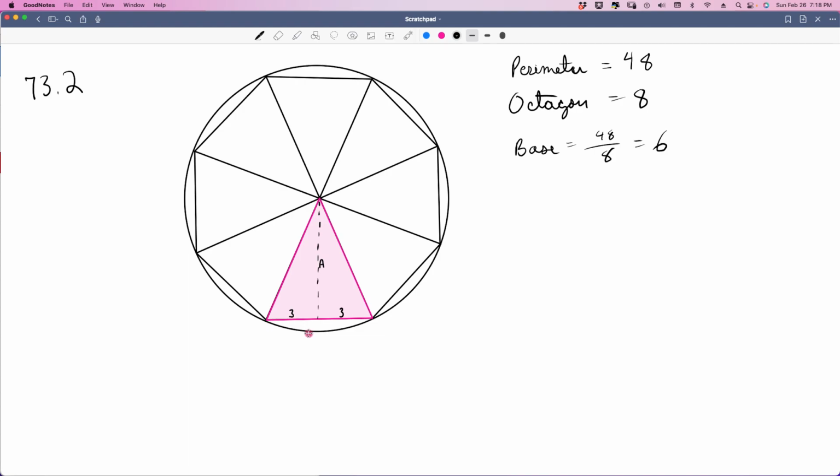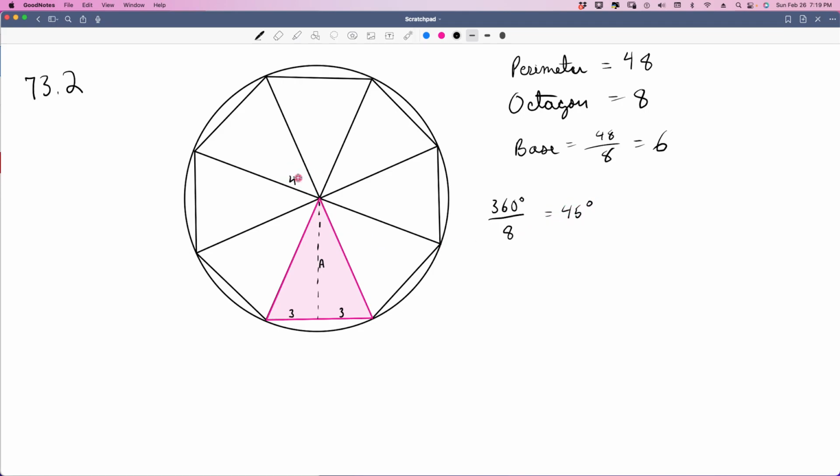All right, so what we need to do is figure out the degree of measure for the central angle here. We need to find this degree of measure. So we know that a circle is 360 degrees, and we know that there are 1, 2, 3, 4, 5, 6, 7, 8 sectors or 8 triangles within this circle. So let's find that degree of measure. So 360 divided by 8 is going to be 45 degrees.